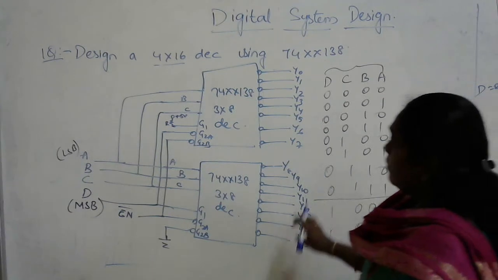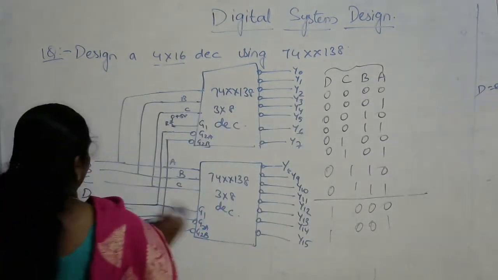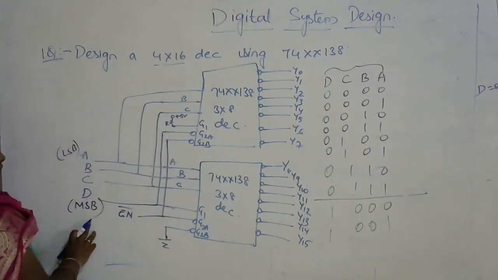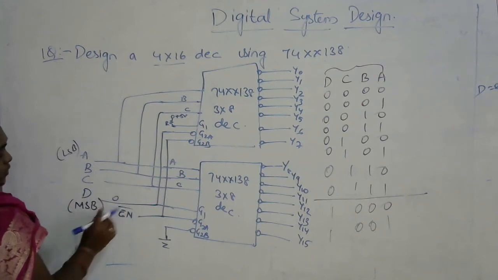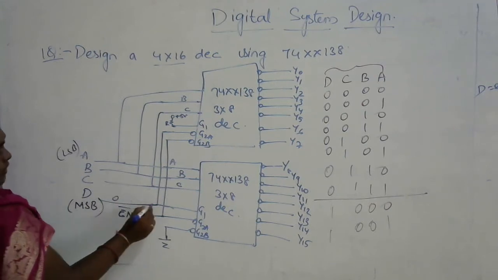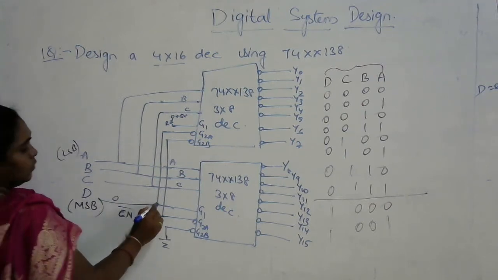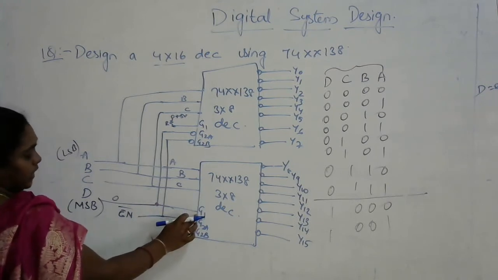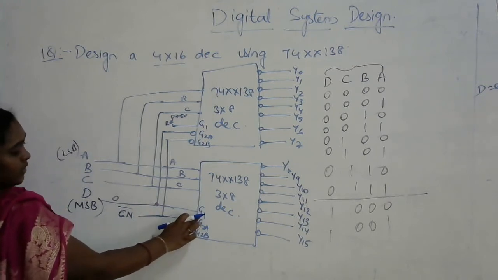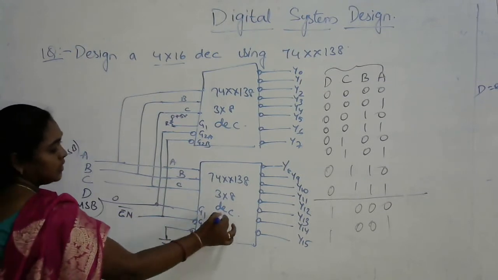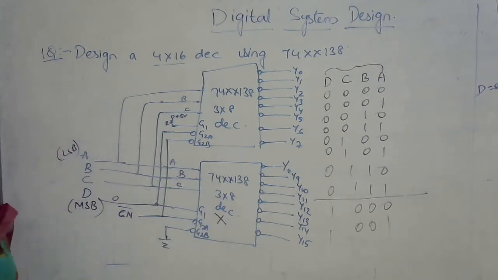Whenever A, B, C, whatever may be the values, if D value is 0, since this is connected towards the G1 of the second decoder, and G1 is active high, when D is equivalent to 0, the second decoder is not going to work.